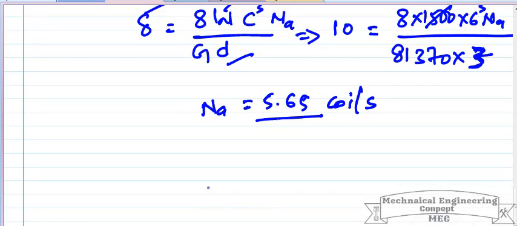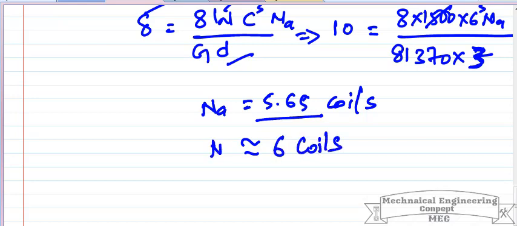We cannot design a spring with a fraction value. We can design a spring with a number of coils 2.5, 3, 6, 4, 7, 4.5, 7.5, 10. Okay, not a fraction value. So I need to standardize this value as 6 coils.